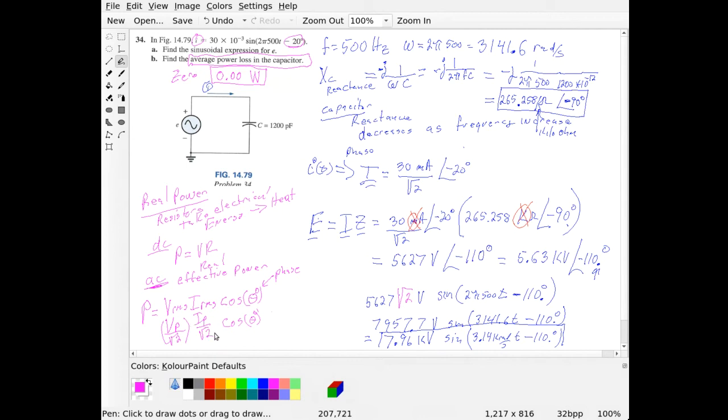So when we go through and do this calculation, square root of 2 times the square root of 2 turns out to be 2. And if you see this in the book, the real power is equal to V peak times I peak times the cosine of the angle divided by 2.